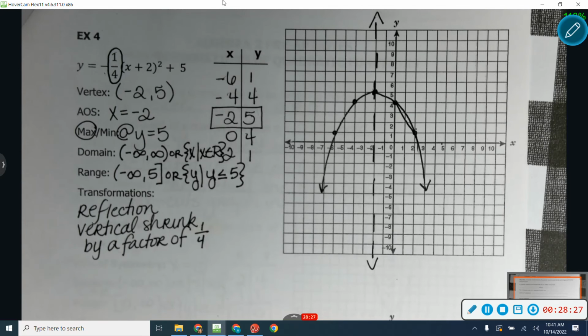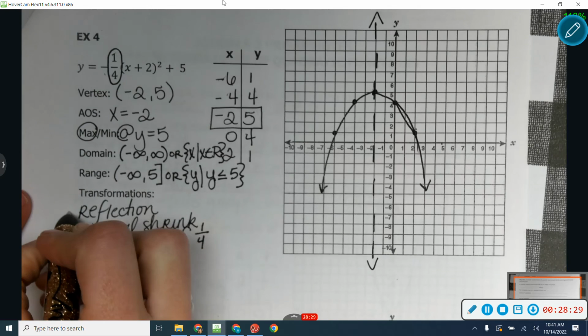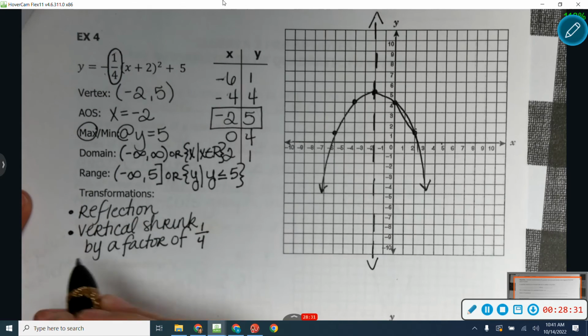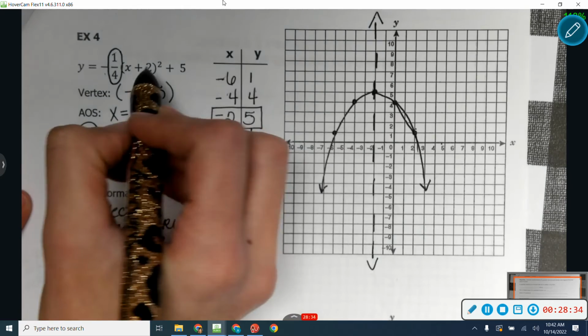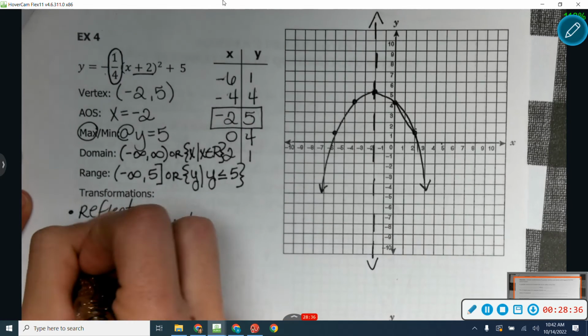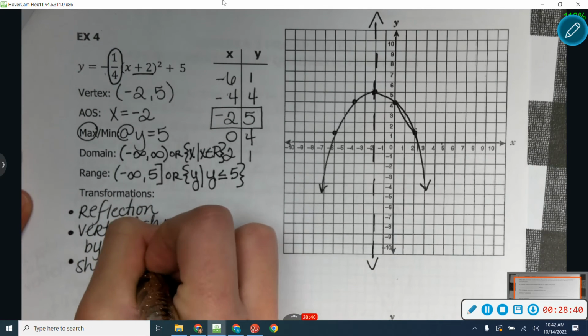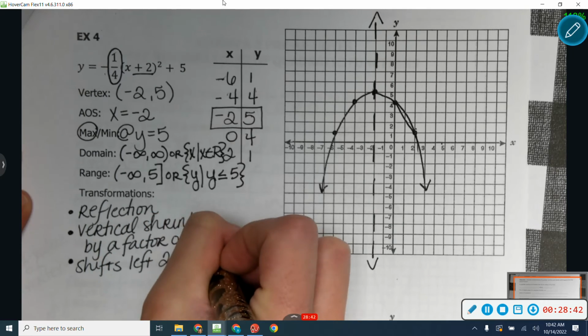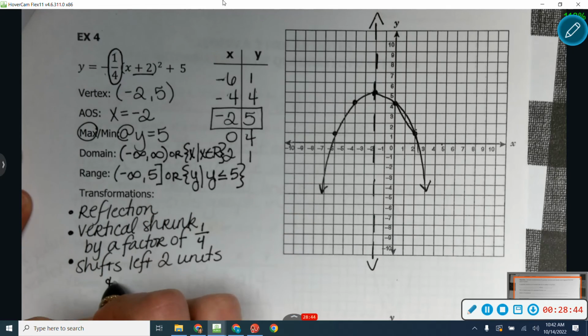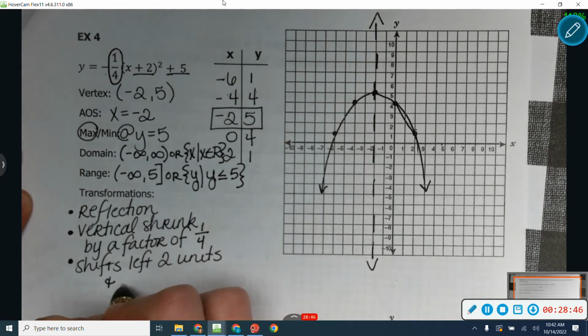Okay? So we got reflection, we got vertical shrink by a factor of 1/4. Now what does this +2 tell me? It shifts left 2 units and up 5 units.